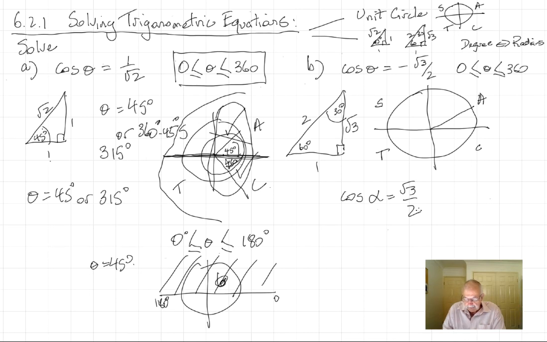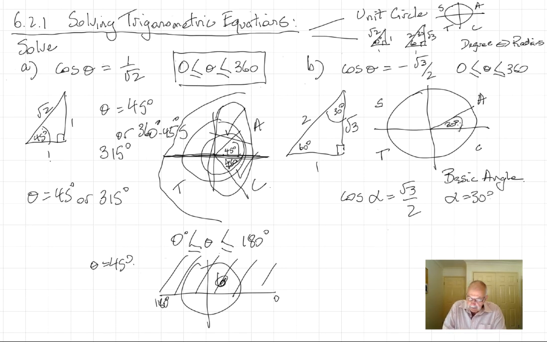This is not our answer, this is just what we call our basic angle. So we know that the cos of alpha is root 3 on 2, so alpha is equal to 30 degrees, and this is the basic angle, not our answer. But this will allow us to work out our angle.